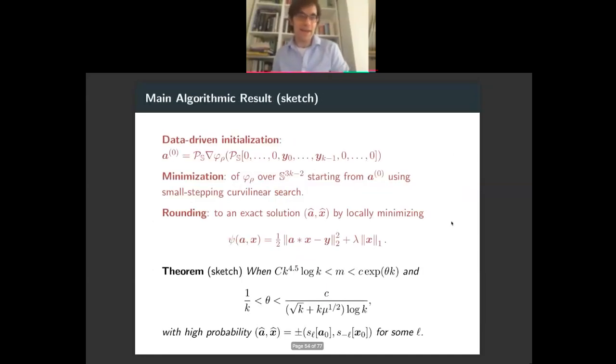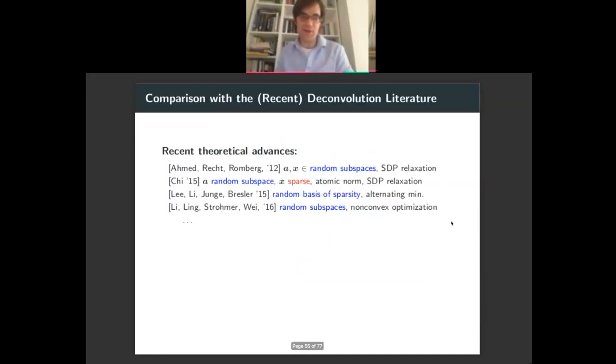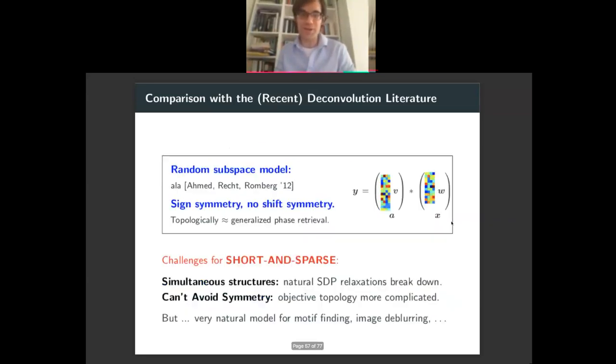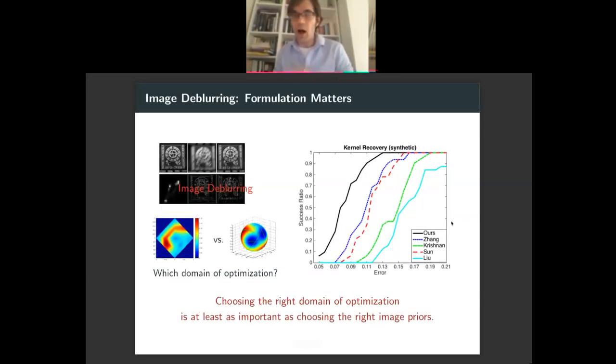I'll say that if you're interested in theoretical analysis of deconvolution, then what's different or interesting here is the short and sparse model. The theoretical literature uses a bunch of different random models, many of which don't have the same or as many symmetries, kind of act more like matrix recovery problems. Also, I'll say that this issue about the domain of optimization is interesting.